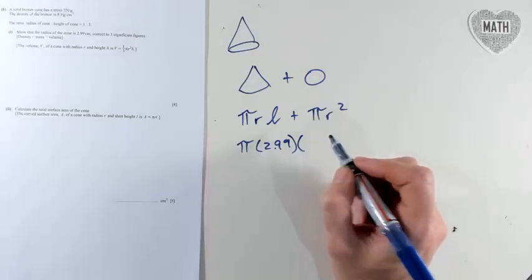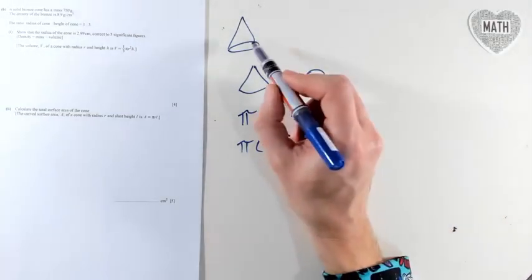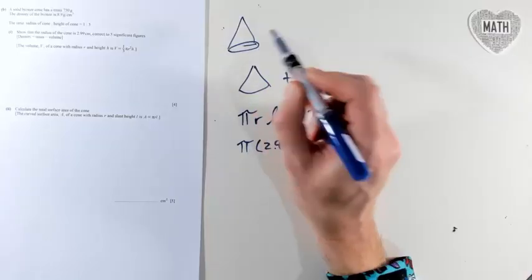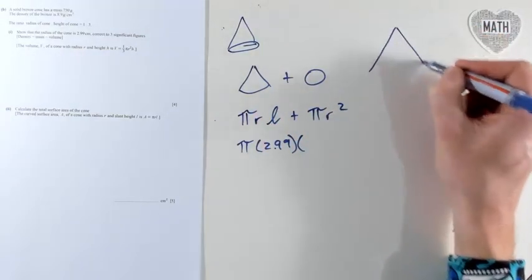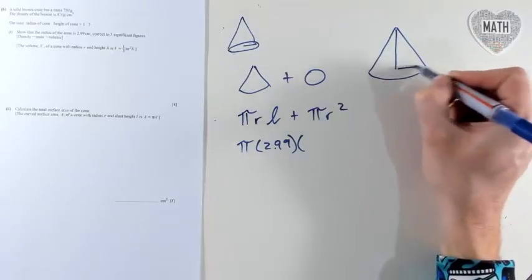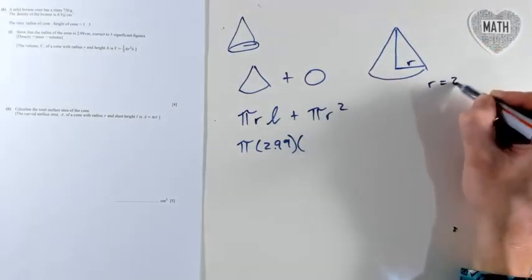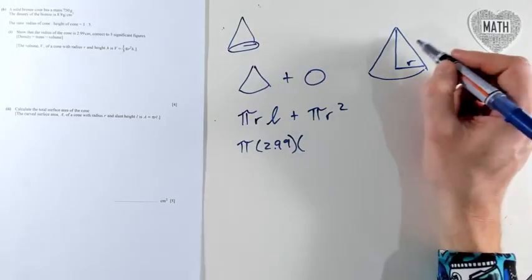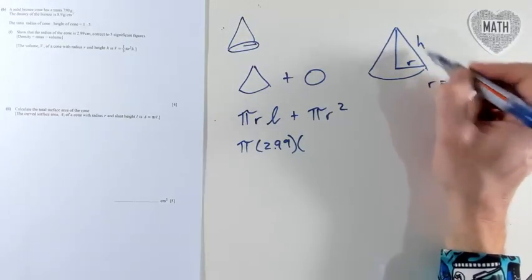And the radius is given as 2.99, times the length. Oh, okay, so that is the slant height, which we don't have. Let me just do a little sketch here. We did have the radius. The radius was given as 2.99, and the slant height is this one, and we don't have the slant height.